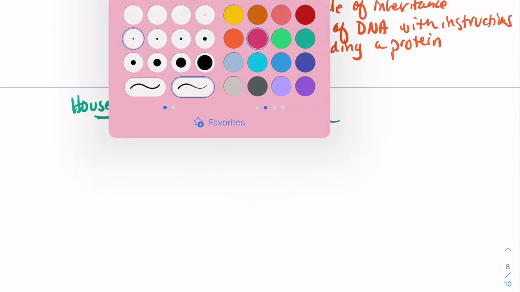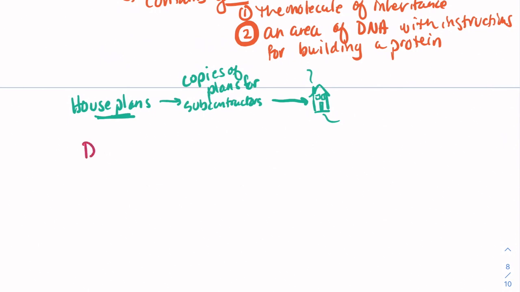So the analogy, meaning that your DNA, those are your house plans. Those are your plans for how to build a protein. So these are protein plans or instructions.